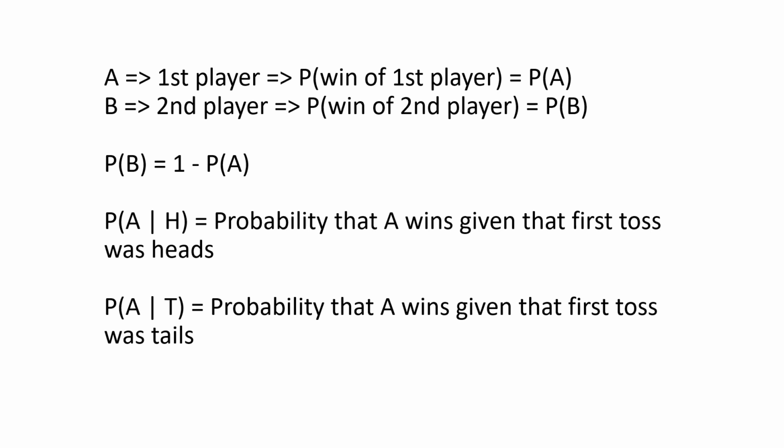Now coming to our original problem, A is the first player, B is the second player. The probability of win of the first player is PA, the probability of win of the second player is PB, and PB equals 1 minus PA.